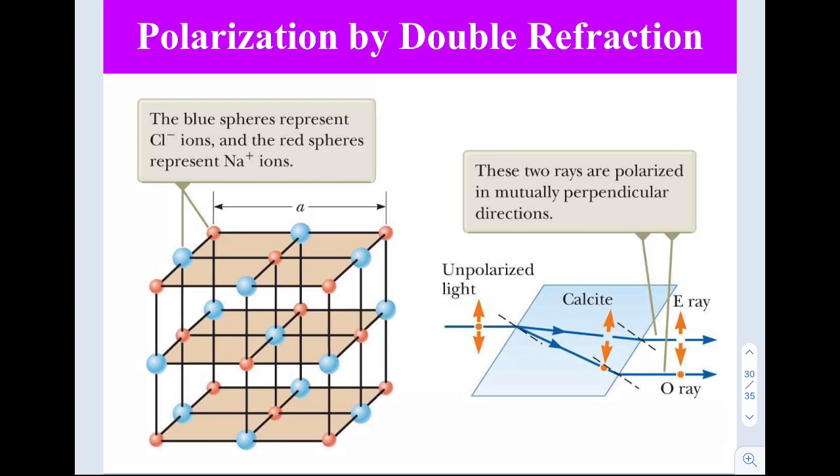Now, polarization by double refraction. In solids, we can classify them on the basis of their internal structure. Basically, we have two types of internal structure: crystalline or amorphous.